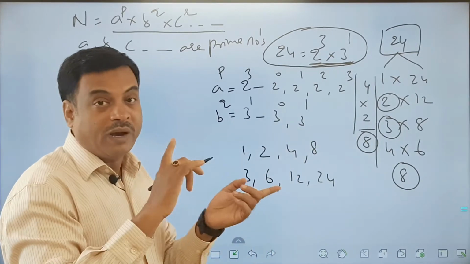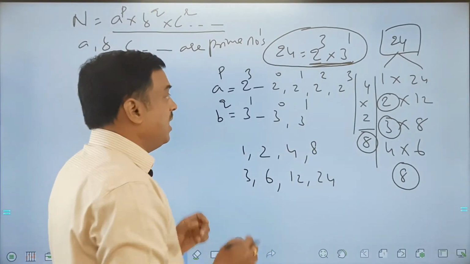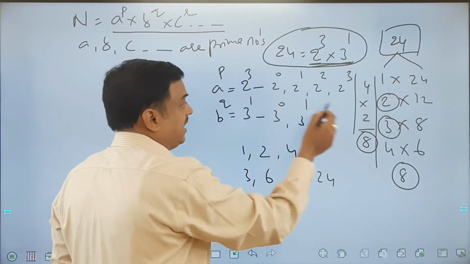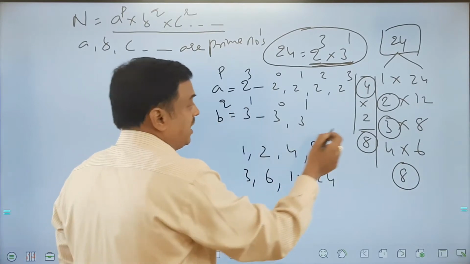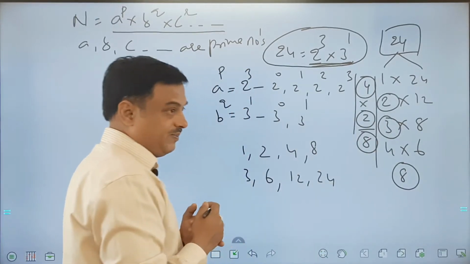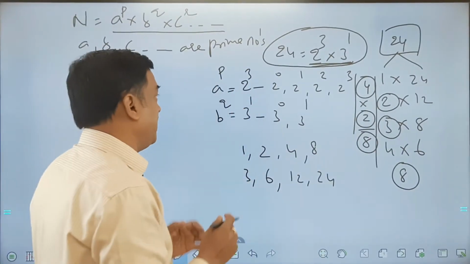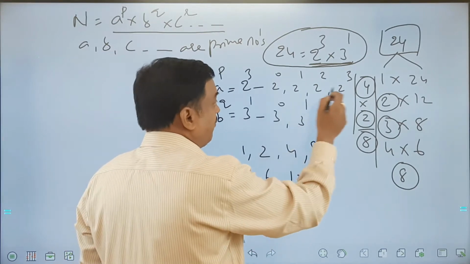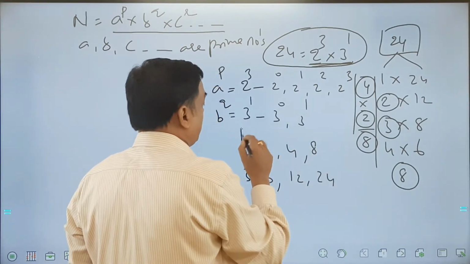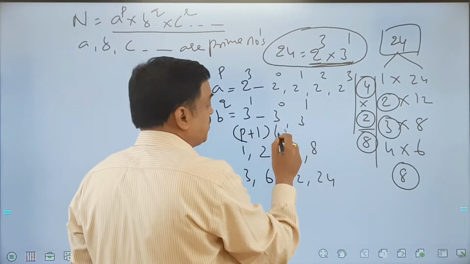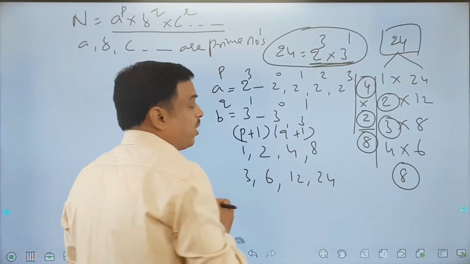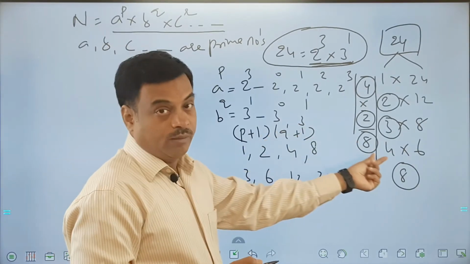We should always start from power 0. When the power is 3, I got 4 factors; when the power is 1, I got 2 factors. So if I generalize, the number of factors for the first part will be p plus 1, and for the second part q plus 1. The product of these two will be the total number of factors.